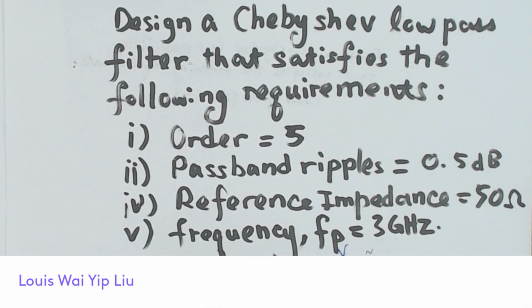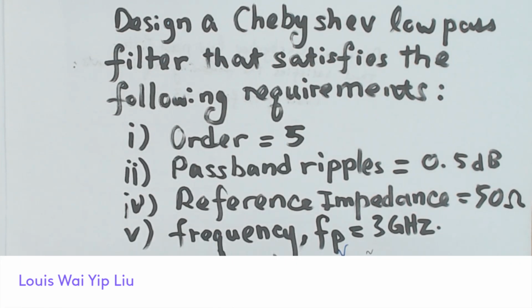So to start with, we need to know the order of the filter. The order of the filter is 5. This means n equals 5. The passband ripple is 0.5 dB. Then we need this piece of information to generate the filter coefficients.